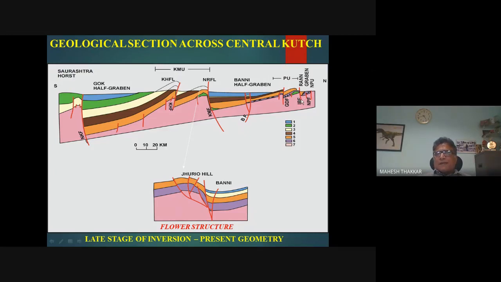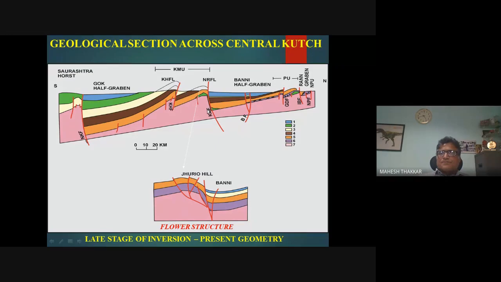Second phase, IBF to KMF, IBF to Kutch Mainland Fault. If you can see minutely, from IBF to KMF, the sedimentation or the basement is tilting towards the south.